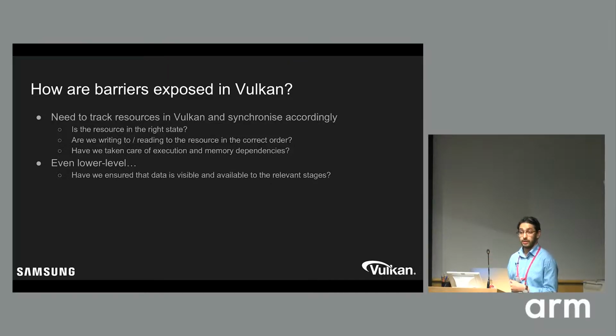And are you also executing operations in the right order? By operations, I mean, for example, I'll have an example afterwards. But basically, if you're doing a copy and sampling data from the image where the data's been copied to, are you sampling that image in the right order? As in, are you sure that the copy is complete before sampling?